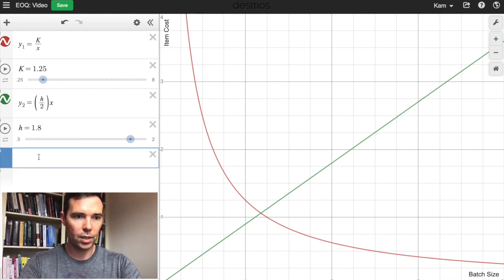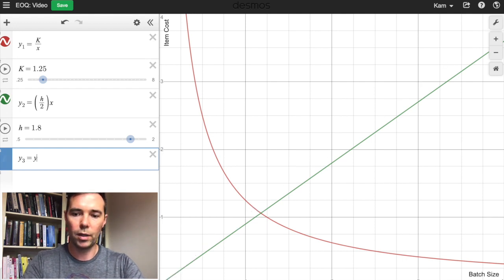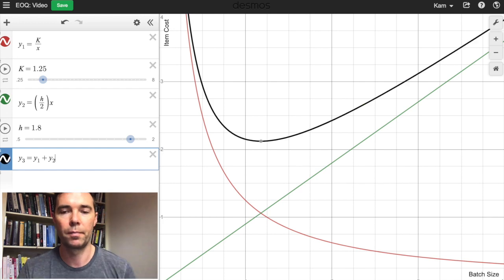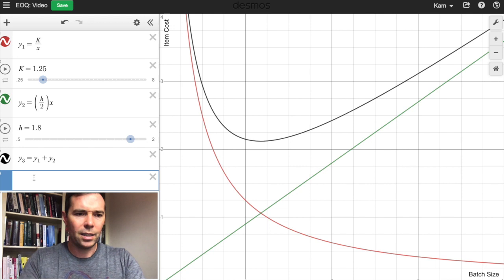And now we just need to put them together. So we can say y3 is going to equal y1 plus y2. And now we have, well, let's also put the optimal here. We can put a line where, if we're minimizing, that's where we're going to find an optimal.